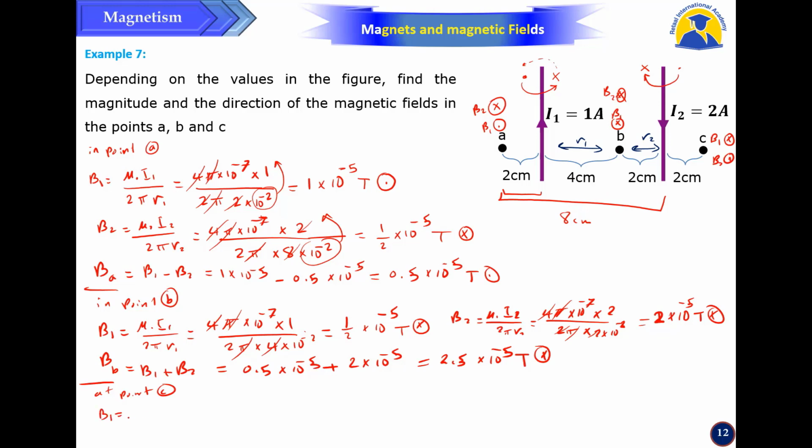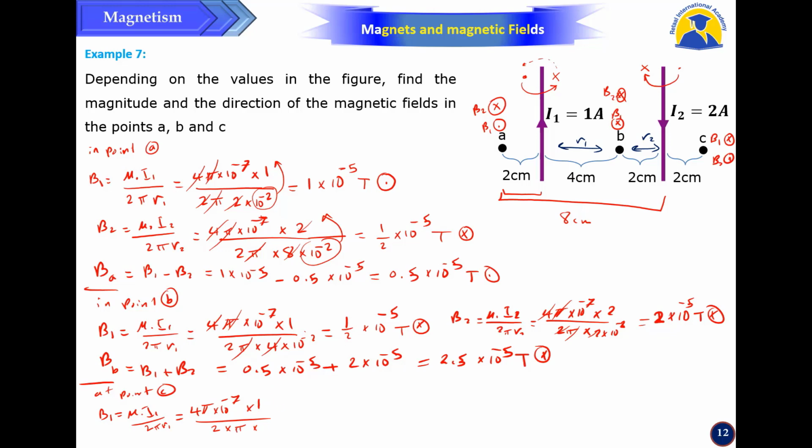B1 equals mu0 I1 divided by 2 pi R1. Mu0 is 4 pi multiplied by 10 power minus 7. I1 is 1 ampere. 2 pi multiplied by R1.